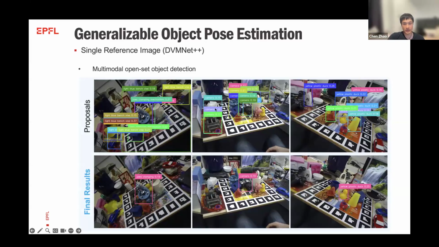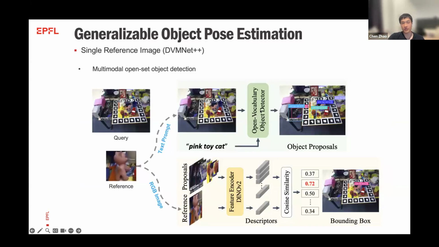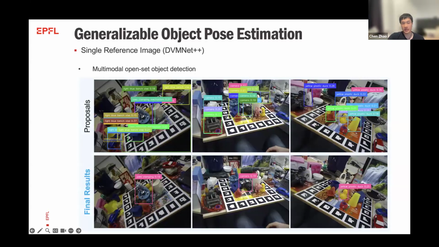And also, as you may notice, for each proposal there's a score. This score is directly predicted by this open vocabulary object detector, but unfortunately it's not really reliable. I'm not sure if you can see the score clearly.